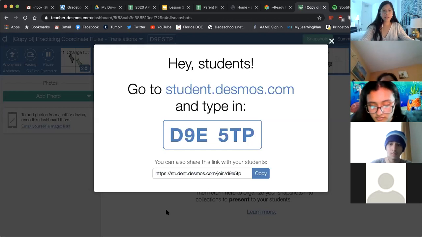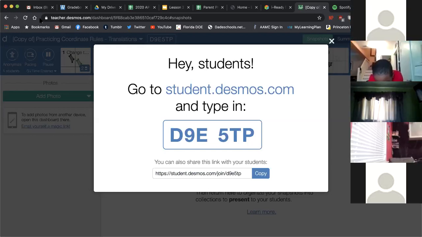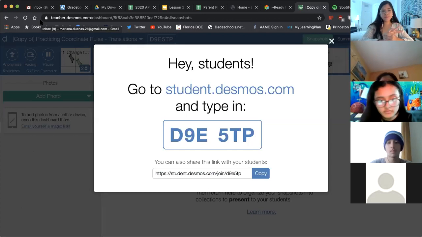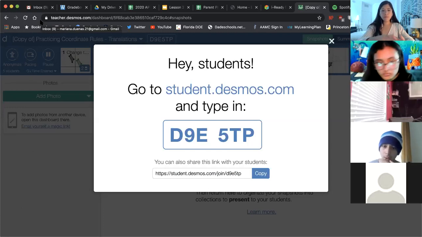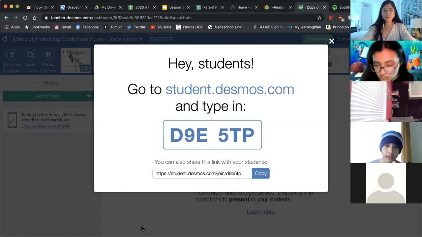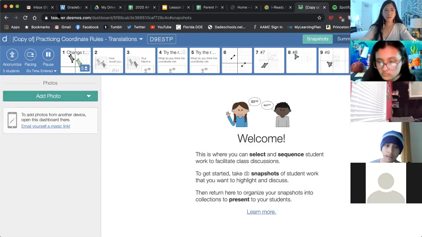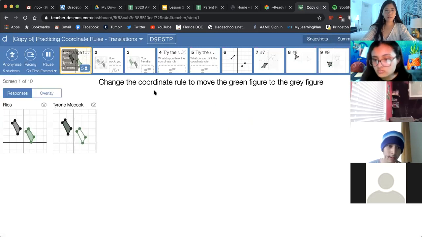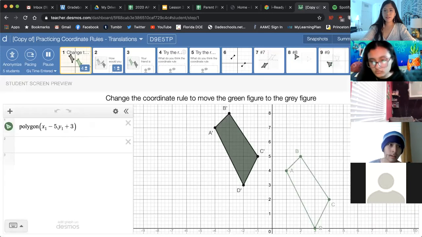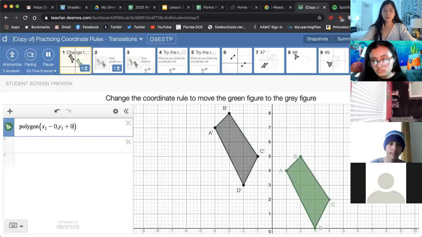Do I have any last questions on how to get here or what to do? Once you're here, you'll start off on the first screen. I already see I have 5 students here, so that's good. On the left side, you can edit the equation, and I believe it starts out with zeros.